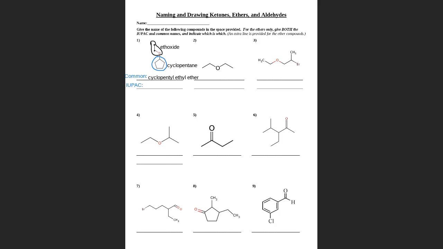Now, here's the thing. Normally, we would number the longest carbon chain, and of course, with the cyclo group, the number one is going to always start from wherever the substituent or functional group is, if there's only one substituent or functional group.